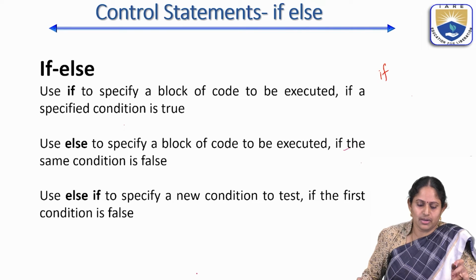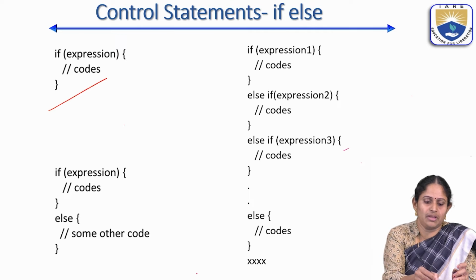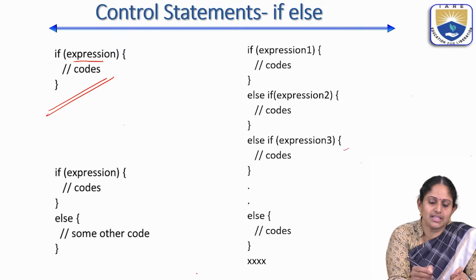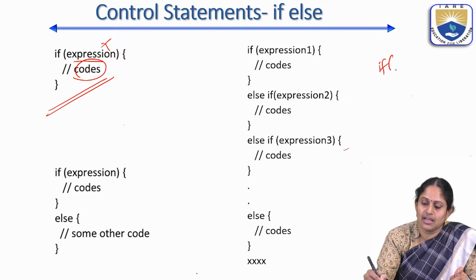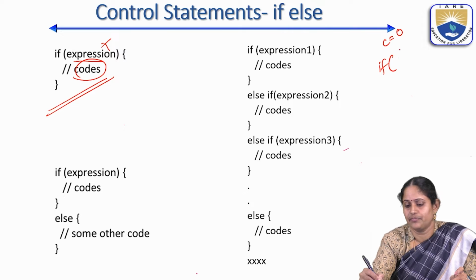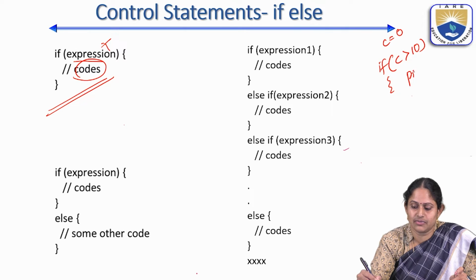This is the basic syntax of the if block. If is followed by an expression, and if this expression becomes true, then this set of code will be executed. Say we have C is equal to 0, and if C greater than 10, then print C, else we print something else.